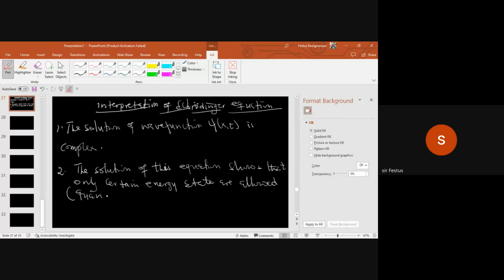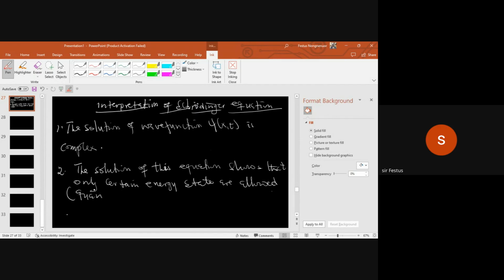Now the third assumption is that the probability density is 1.